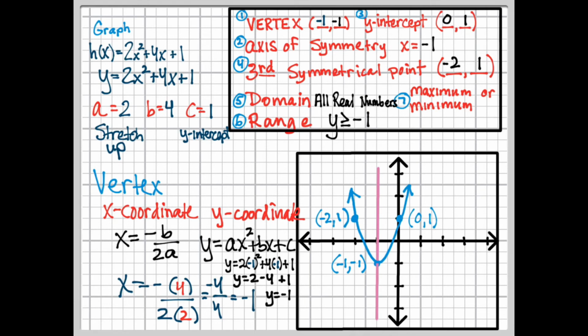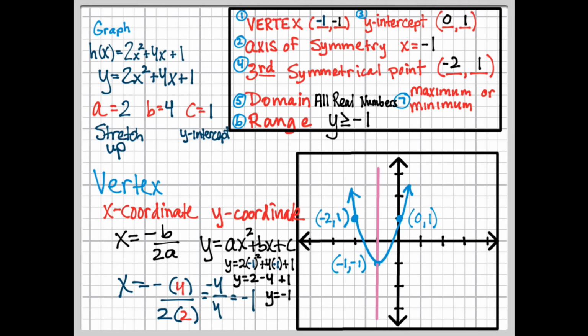Finally, what is the minimum or maximum? Well, we know if our a value is positive, our parabola opens up. The 2 arrows at the top of the parabola tell us that this parabola is going to go up forever. So there is no maximum value. Any parabola that opens up has a range restriction, which means it will not go below a certain number.